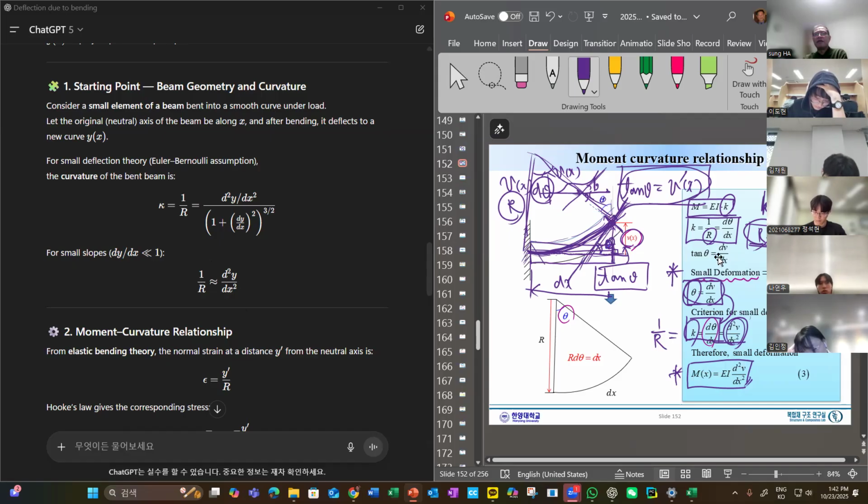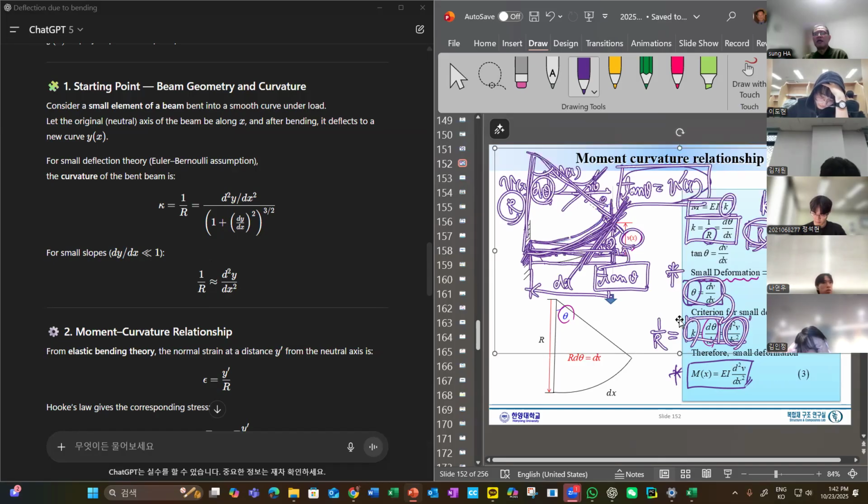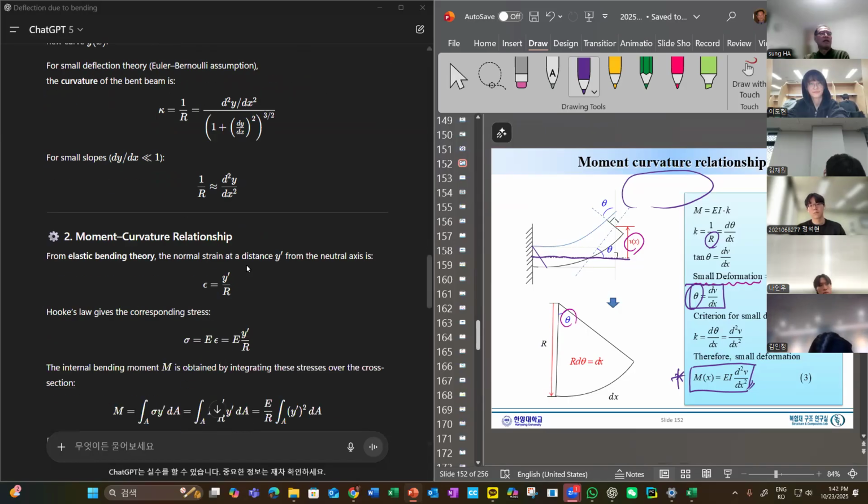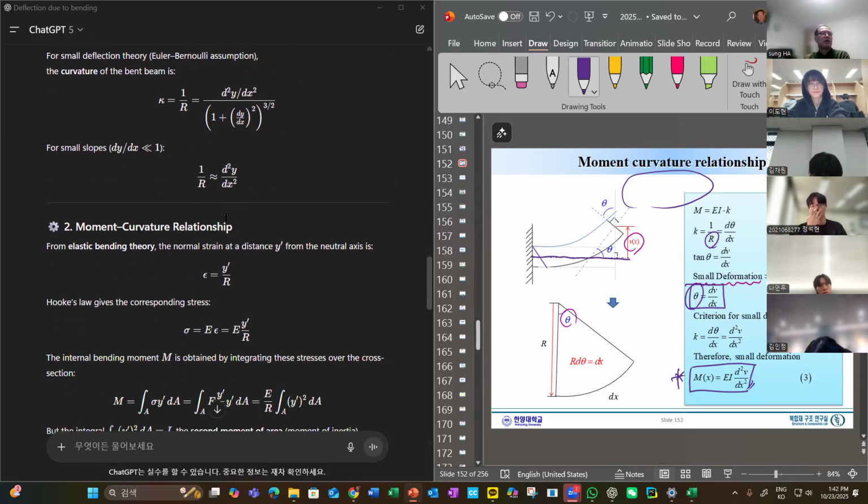Tangent theta is dv/dx, and for small theta, tangent theta equals theta, and then we got this and that. As you can see, this result and this result are the same. Mathematically, we neglect this term due to small deformation, which is the same as here: small deformation, tangent theta equals theta. So that's what we have.